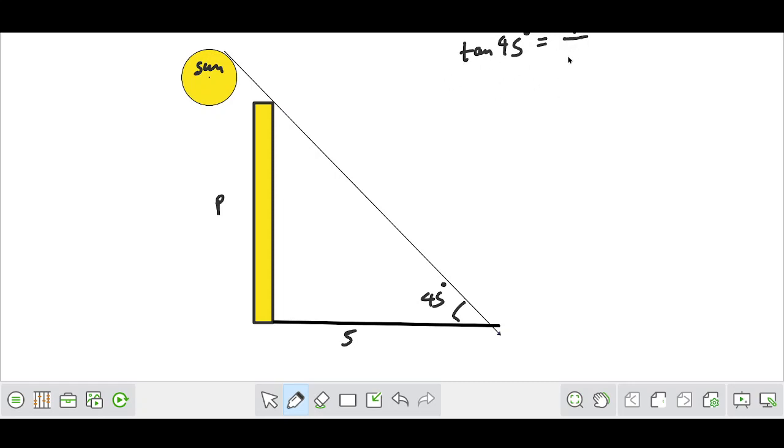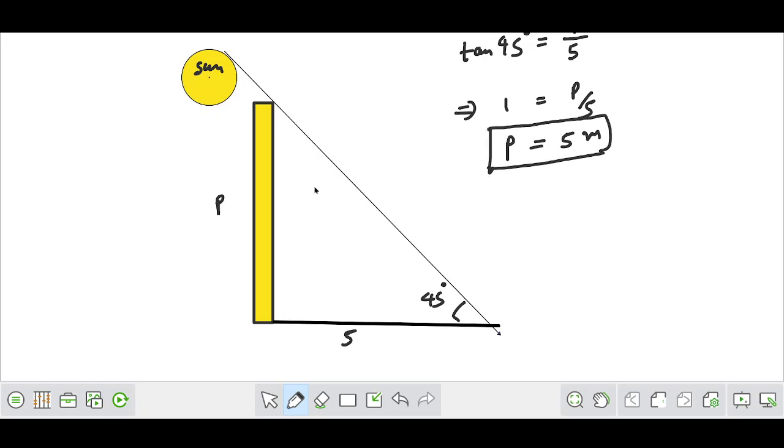tan 45 is equal to the ratio of perpendicular and base. Clear? Base is 5, that is given. Now on the basis of experiment, tan 45 is 1. Value of tan 45 is 1, so 1 = p by 5. Then we can say p equals 5 meter.